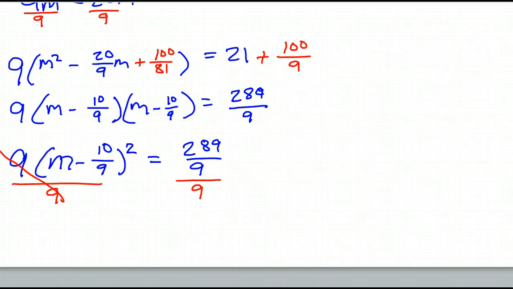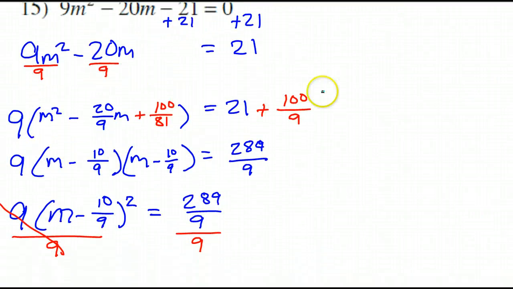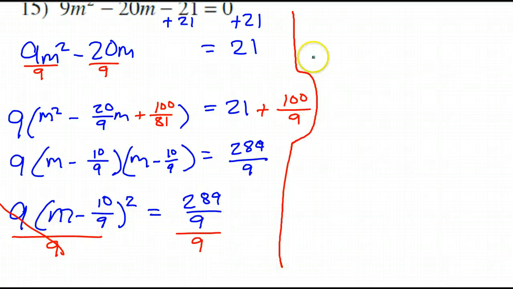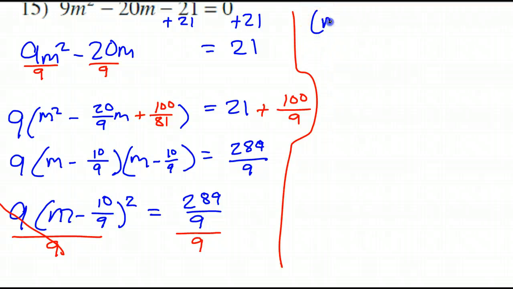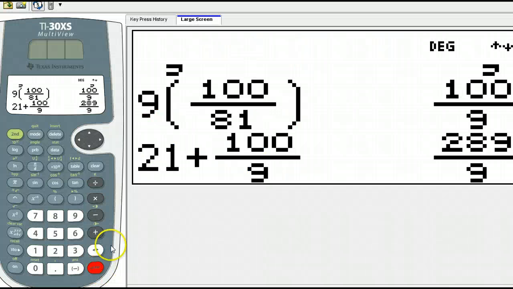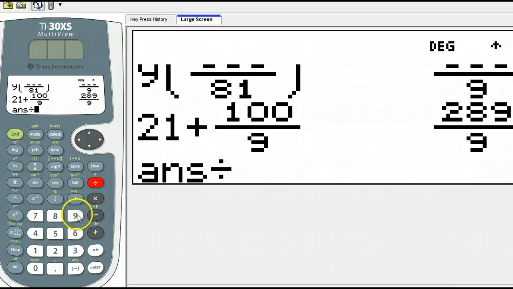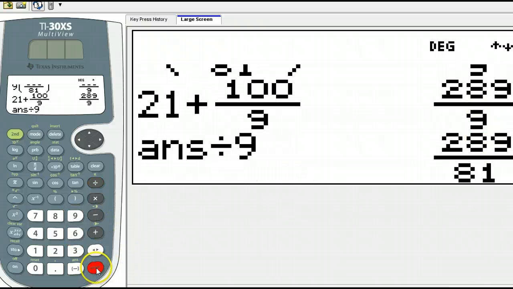Okay, I'm running low on space, so I'm going to draw my line. So this is going to give me m minus 10 over 9 squared is equal to 289 over 9 divided by 9. Now I could just hit divided by 9 right now because the 289 over 9 was already there.